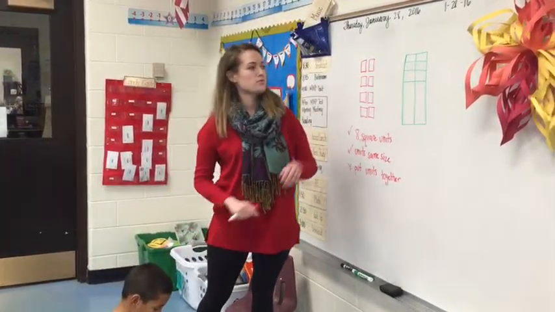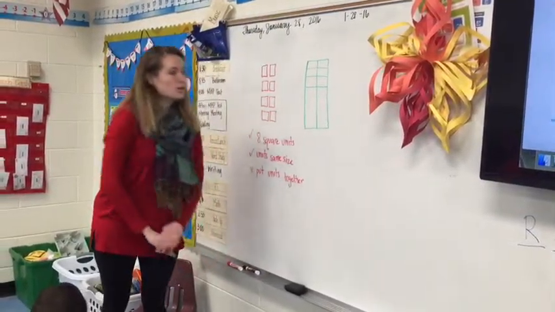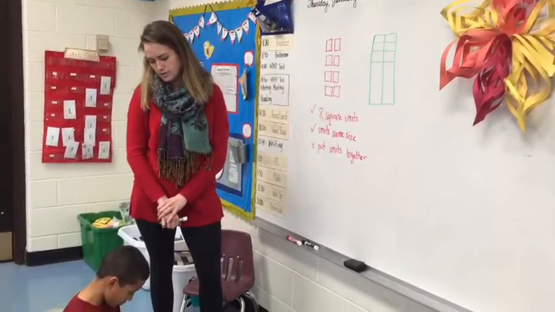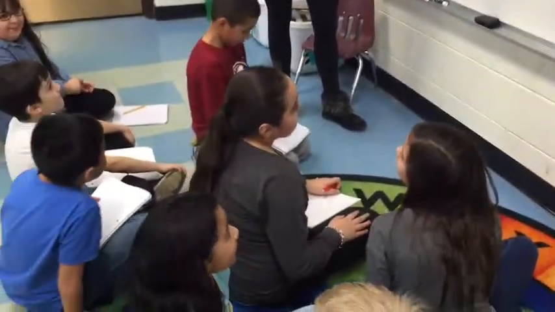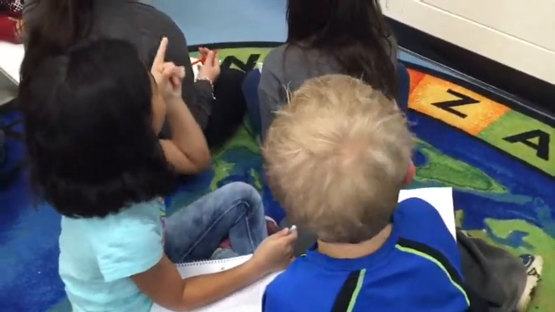Now let's take a look over at Verde here. I want you to notice, what did Verde do well? So maybe talk to the people around you. What did Verde do well? He made squares. Why don't you talk to them?